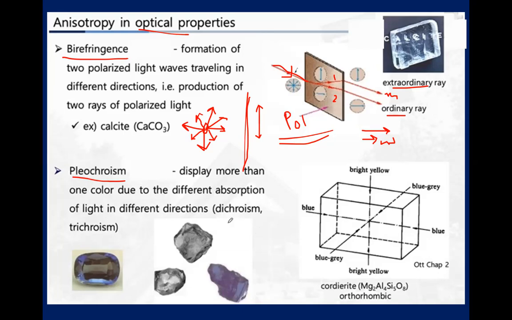So differential absorption of light causes the mineral to change its colors when you rotate the mineral, because when you rotate the mineral you expose its different phases to the incident light, and you will see different shades of light when it's rotated, right?